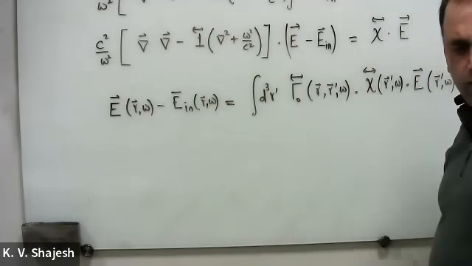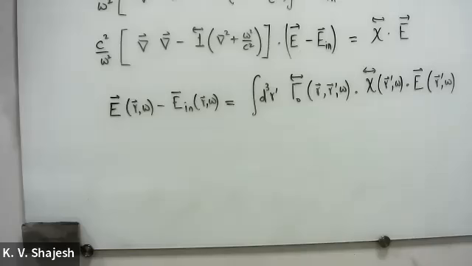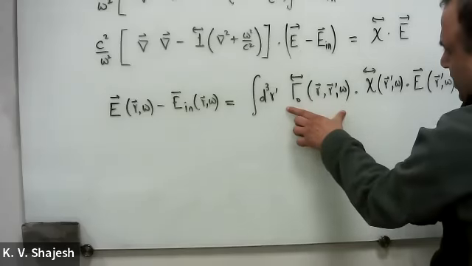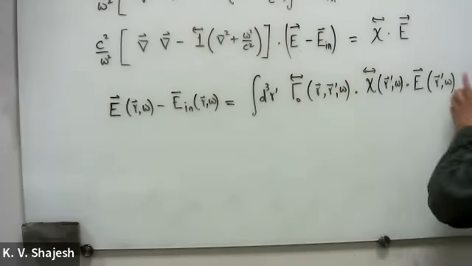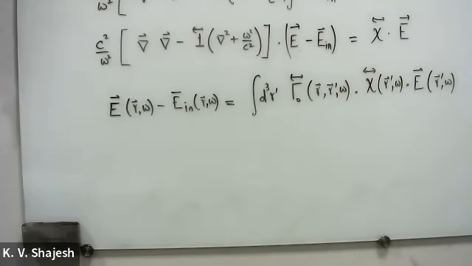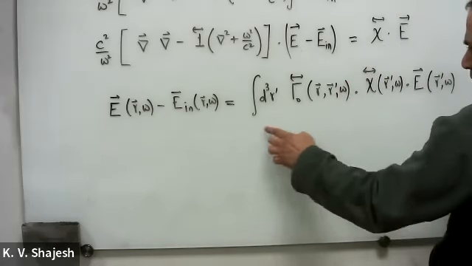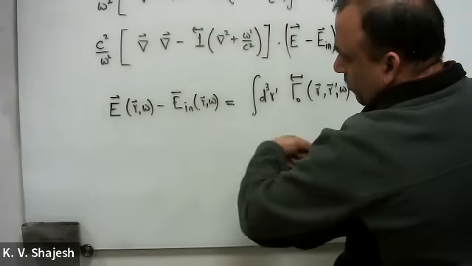Is that clear? That's pretty much my solution, because this I know already. At least the structure is there. So this is the source contribution. That's the scattered piece, and this is your incident piece if I put it on the right side.